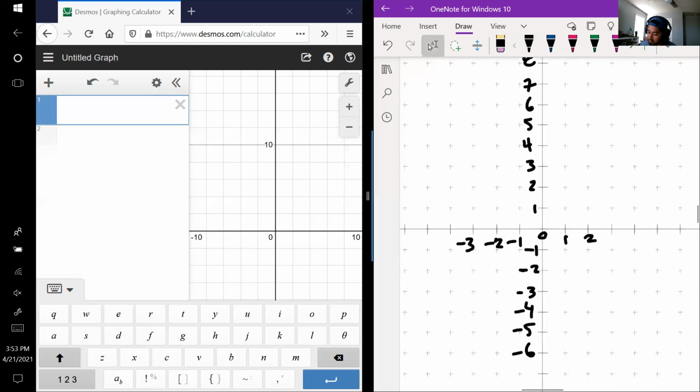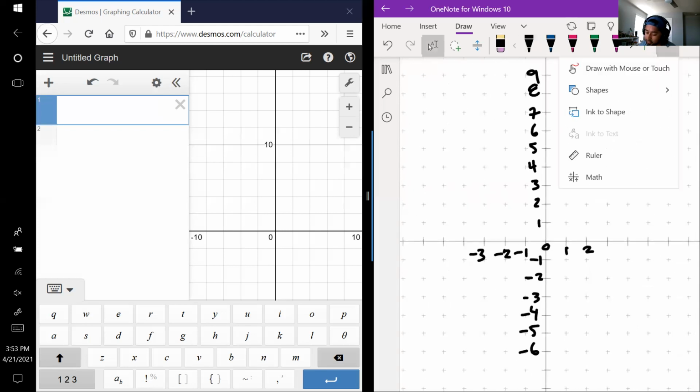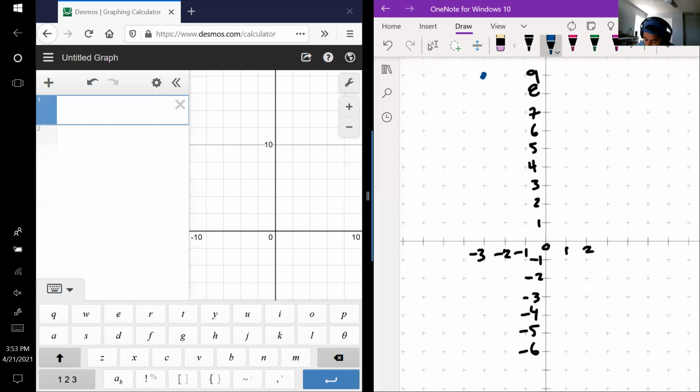Okay. So graphing the first function at negative 3, we are at 9. So we're right here. Negative 2, we're at 6. Negative 1, we're at 3. 0, 0. 1, we're at negative 3. And 2, we're at negative 6. Okay.